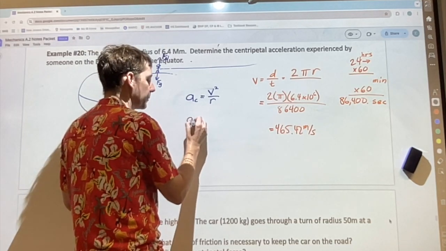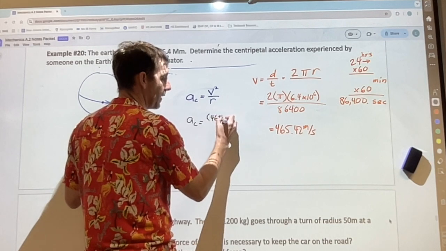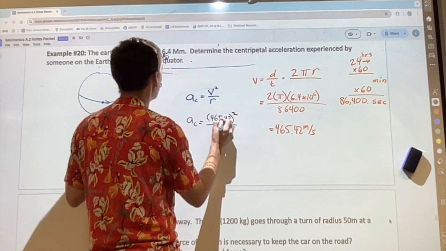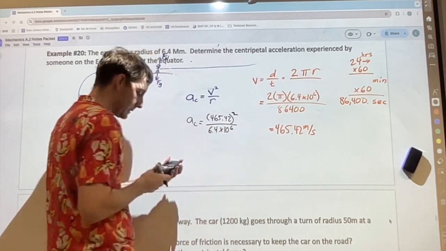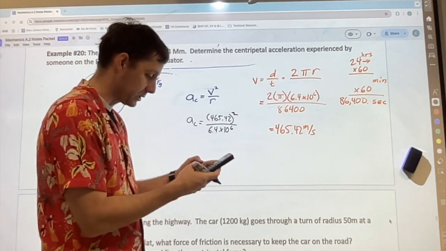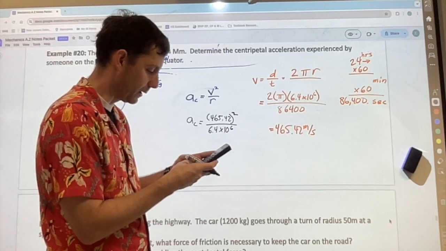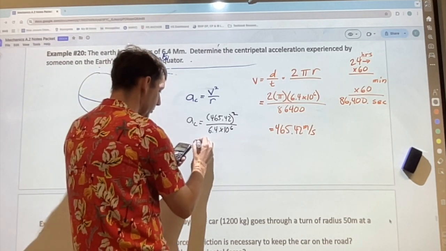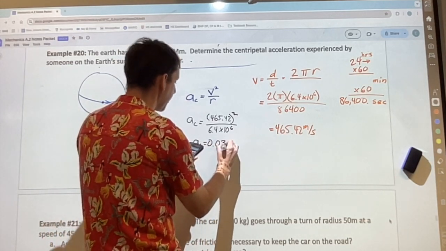All right, so now we can go back into this. We're going to go centripetal acceleration is equal to the V, which would be that 465.42 squared, divided by the radius, which is still that 6.4 times 10 to the 6th. So I'm going to take my answer, square it, divide by 6.4 times 10 to the 6th, and I get that my centripetal acceleration is 0.03.